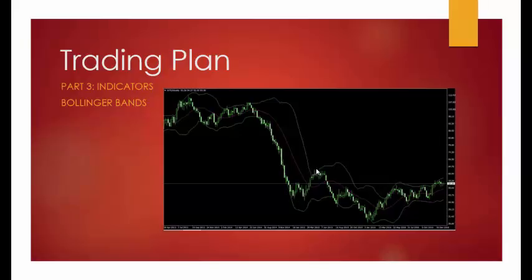You can see the touches of the bands indicate momentum, and on the other side they also indicate that price is turning here, but around the Bollinger Bands we can see some interesting resistance, because price doesn't just move very aggressively through those bands. So it gives you some more information on where price is at. Is it extremely moving to the downside or extremely to the upside, or is it just consolidating? It gives you a nice picture of where price is.